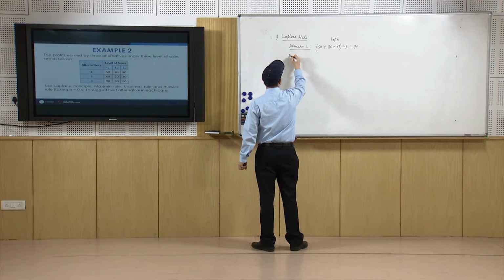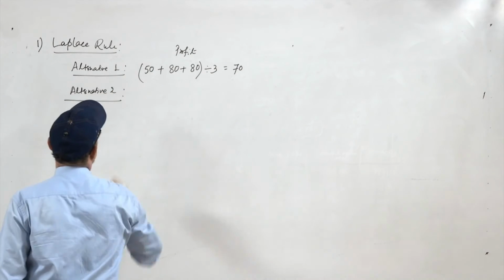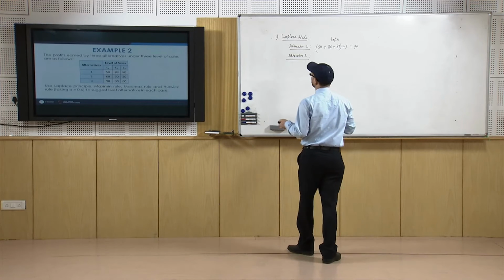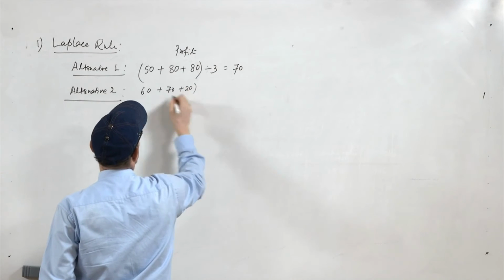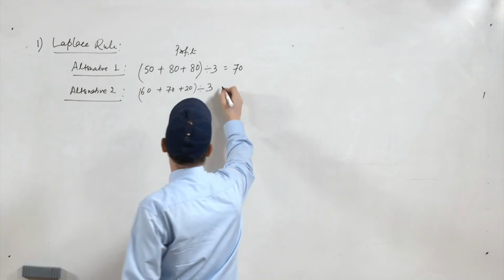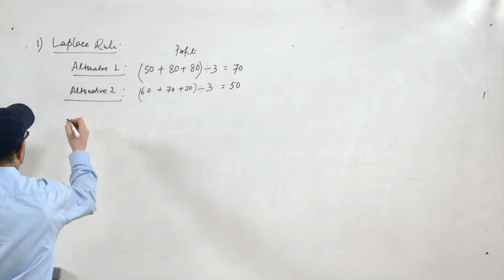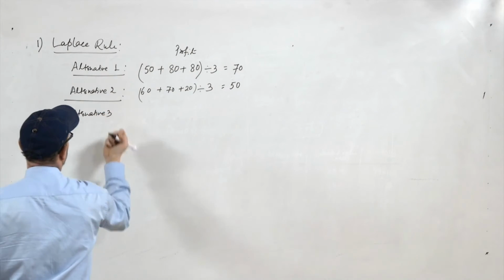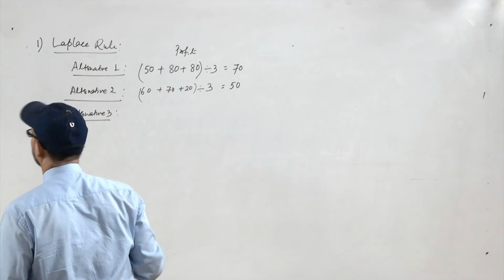Similarly, for alternative 2, you are given equal weightage. So, that is why it will be 60 plus 70 plus 20 divided by 3. So, it will be 150 by 3, that is 50. You go to alternative 3, and in alternative 3 again you have 90, 30 and 60.